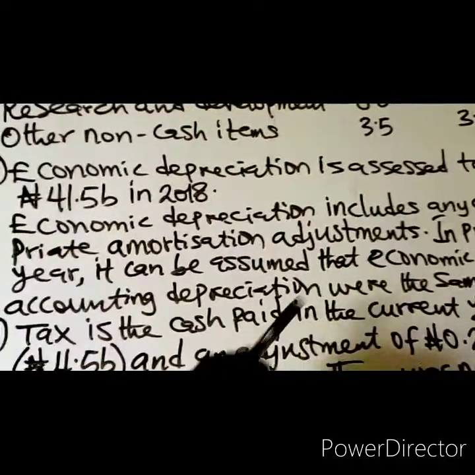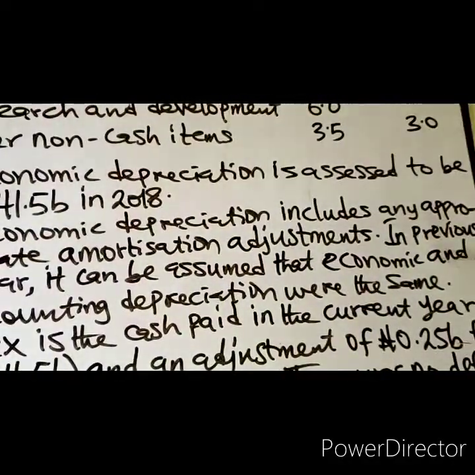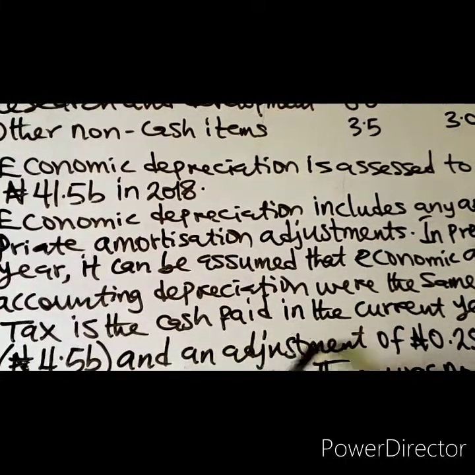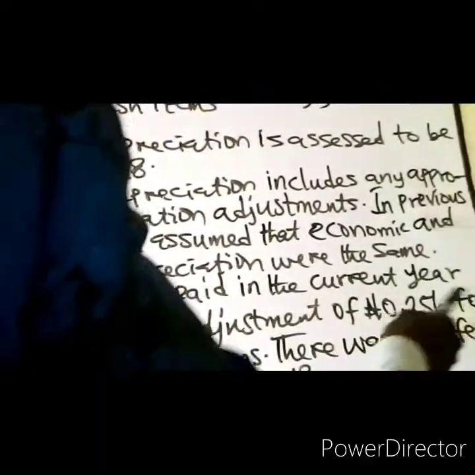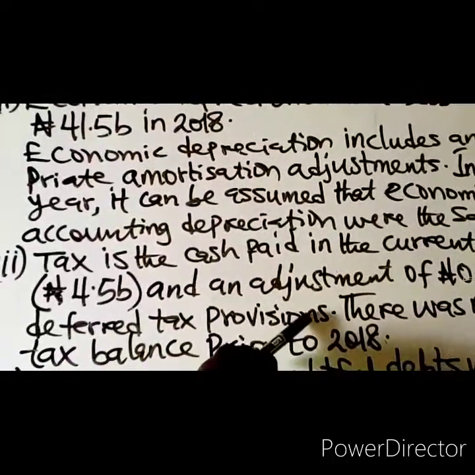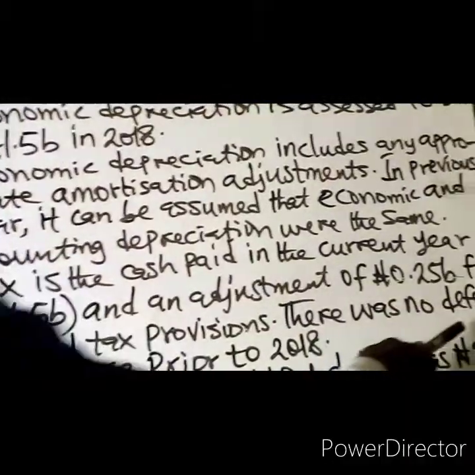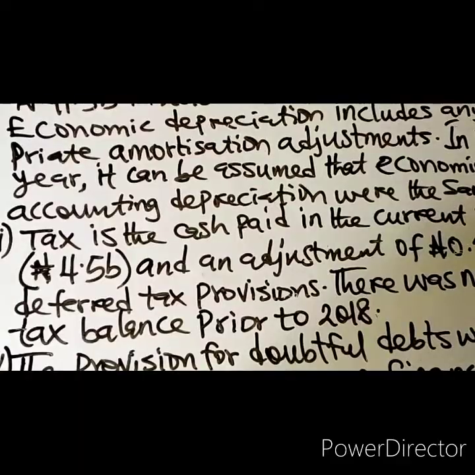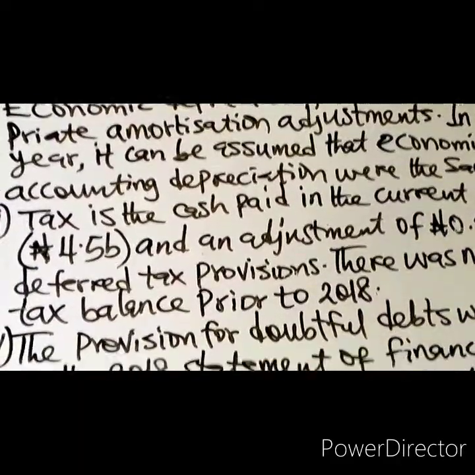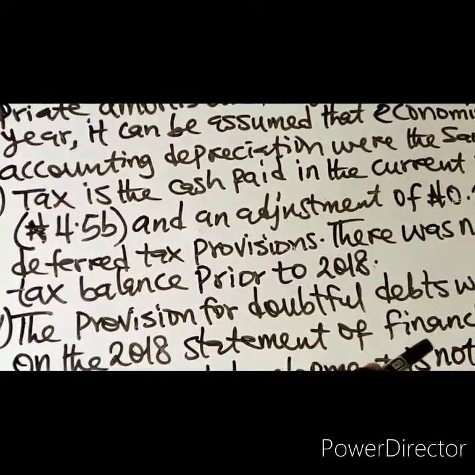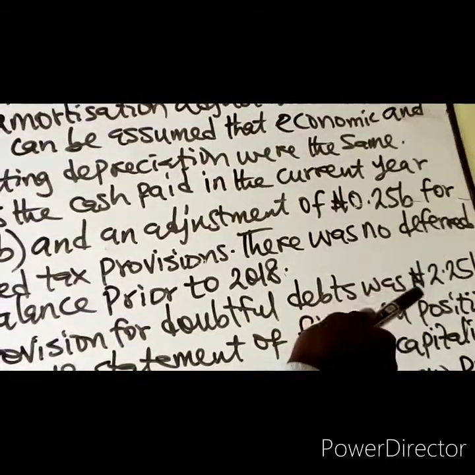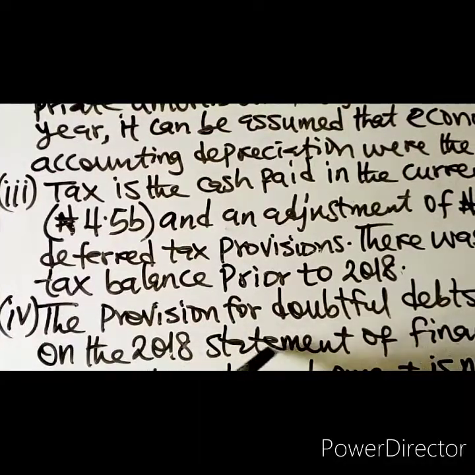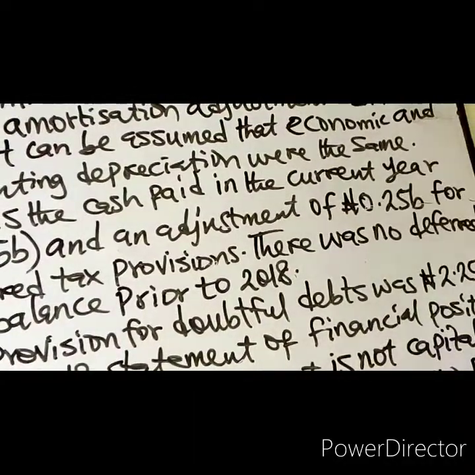Tax is the cash paid in the current year, 4.5 billion naira, and an adjustment of 0.25 billion naira for deferred tax provisions. There was no deferred tax balance prior to 2018. 4. The provision for doubtful debts was 2.25 billion naira on the 2018 statement of financial position.